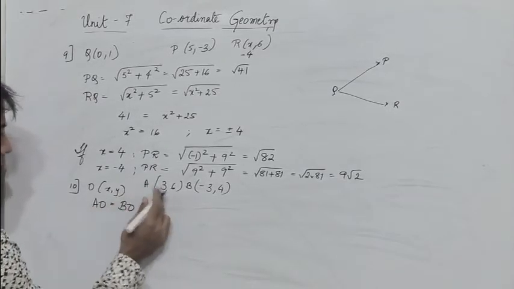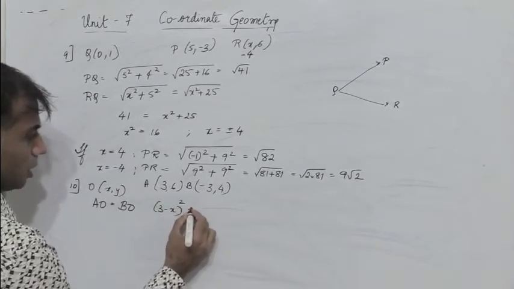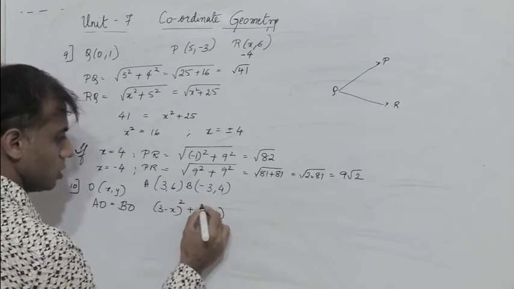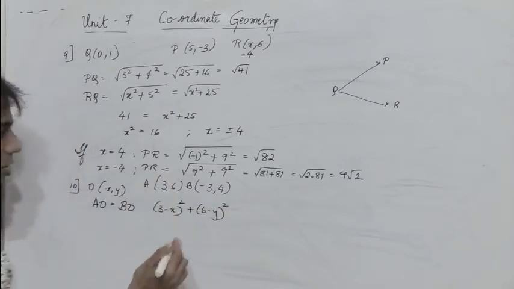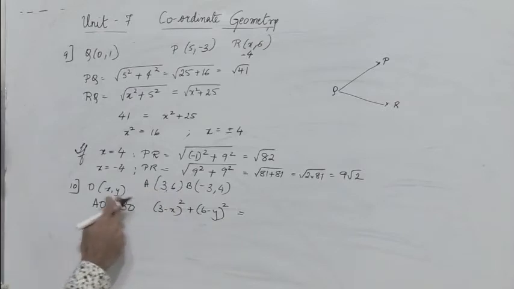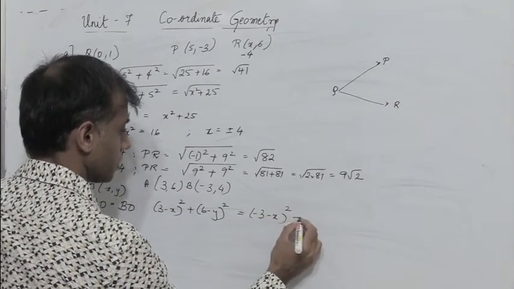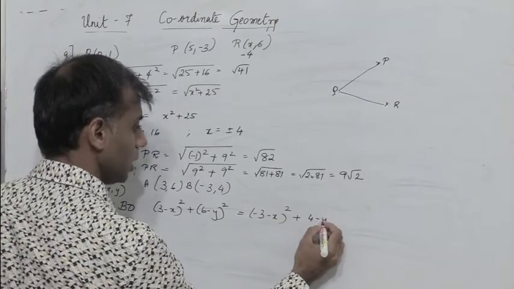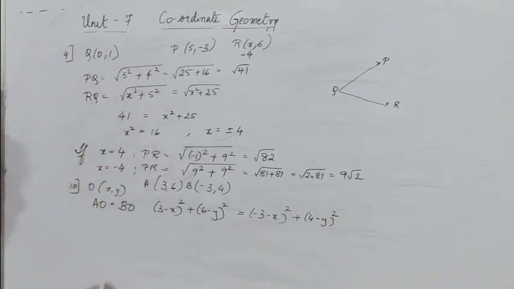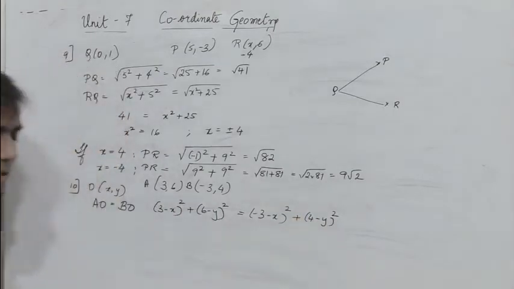So we have the square root of (3 minus x) the whole squared plus (6 minus y) the whole squared, which must be equal to the square root of (minus 3 minus x) the whole squared plus (4 minus y) the whole squared. If I take the square on both sides, I get this equation.